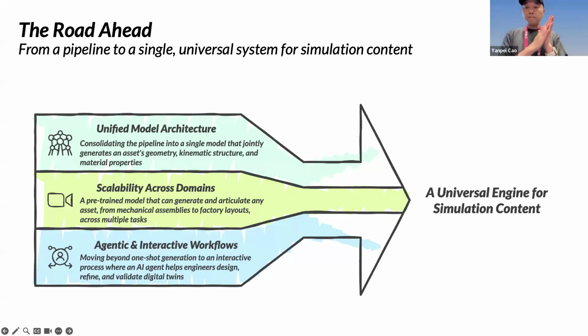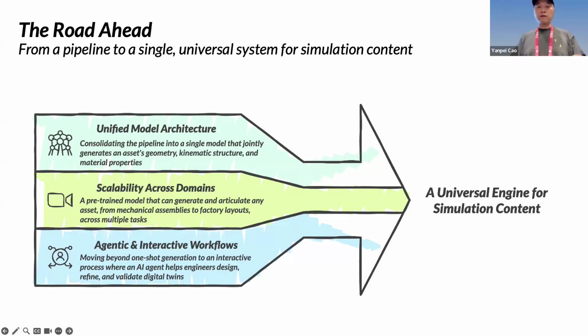And third, I think agentic and interactive workflows are the next step, which means moving beyond simple one-shot generation and moving towards a collaborative and stateful AI agent, something that can assist in the iterative design process. Because black-box, one-shot generation just isn't suitable for creative or engineering tasks.